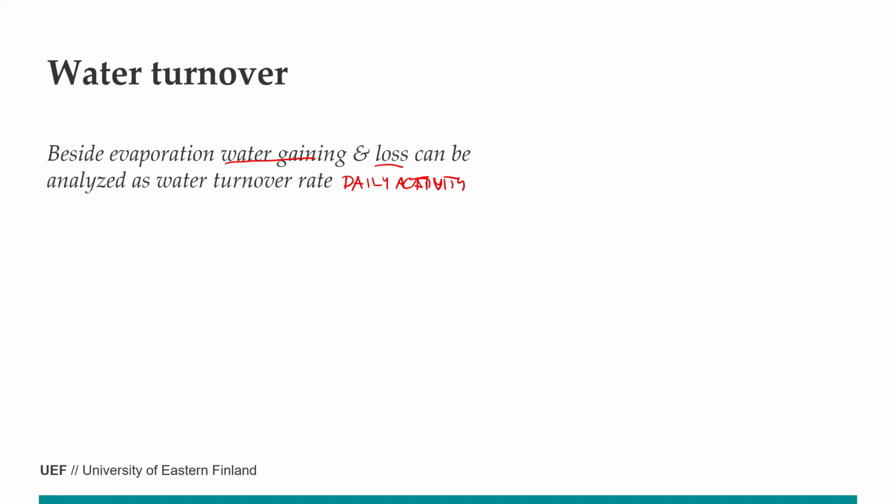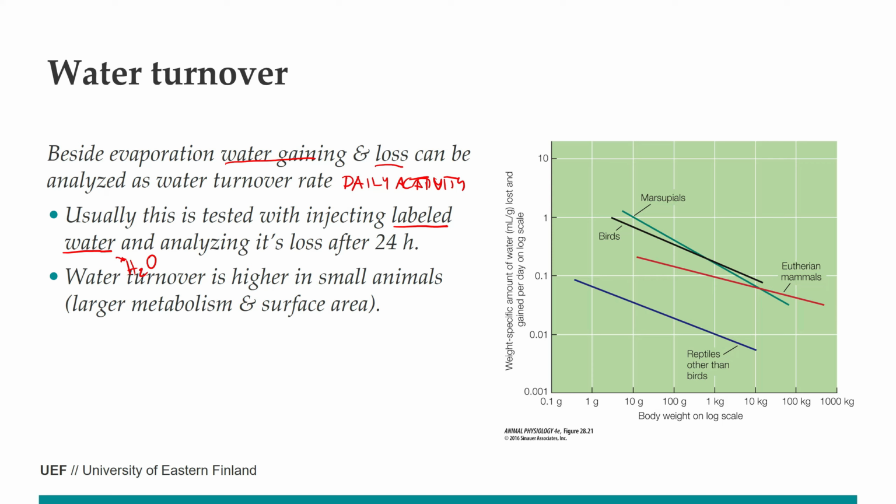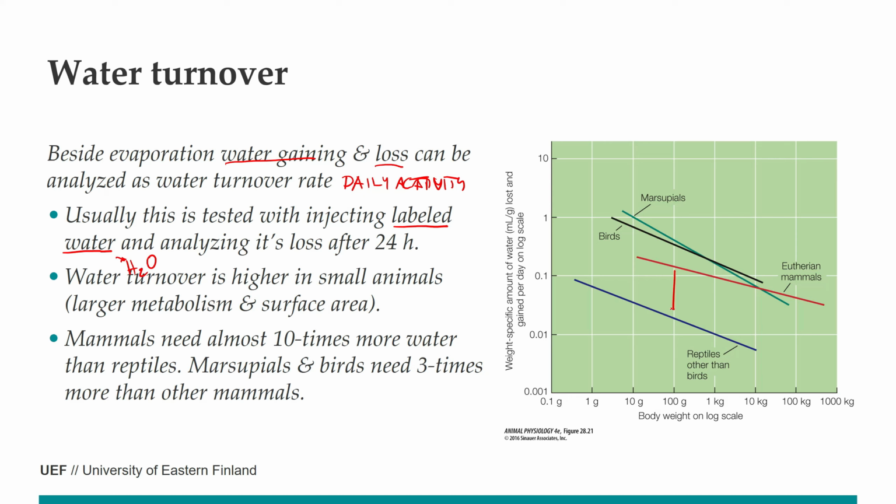And it's higher in the small animals because they have larger metabolism, they have also larger surface area. But what we can see is that it's on a completely different scale in different animal groups. So in the mammals versus the reptiles, this difference is about tenfold.